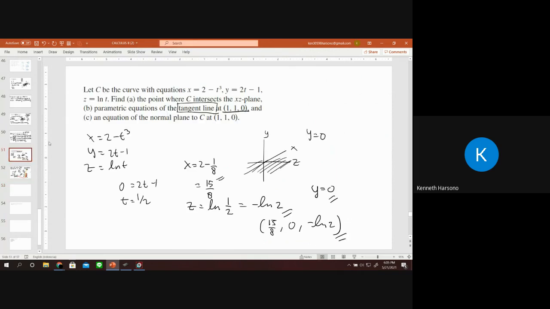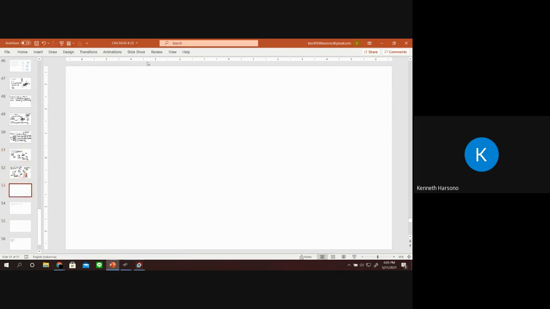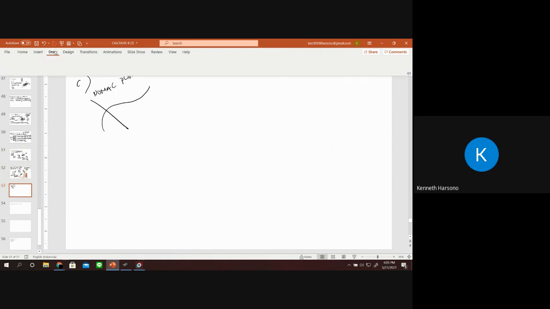It is asking about the equation of the normal plane. What is the normal plane? If you have a curve like this, then this one is the normal plane, right? And from the previous part, we already knew about the tangent line here, or tangent vector.